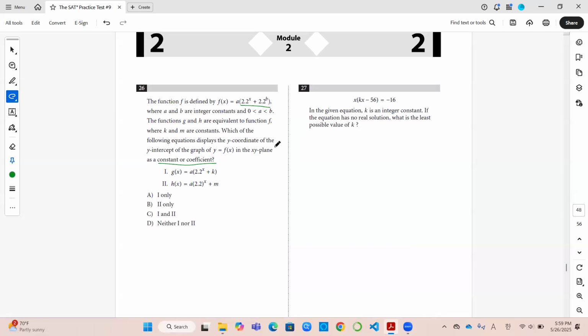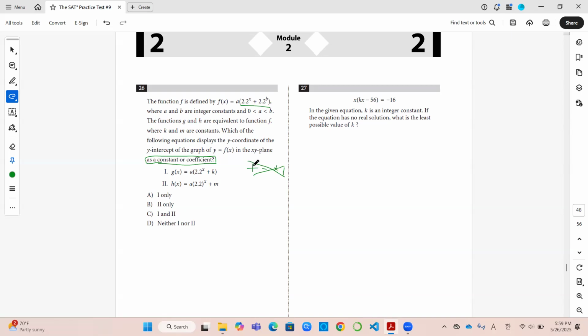Whenever I'm trying to determine the y-intercept, I want to see which of the functions actually just gives me some sort of coefficient, no plus, no minus, no times or divide or whatsoever. So I don't want this, because the question asks for a constant or a coefficient.